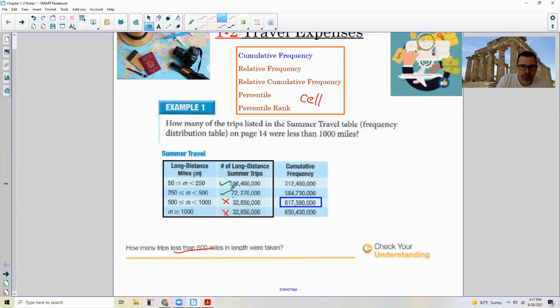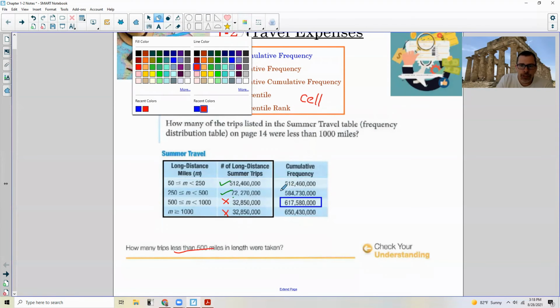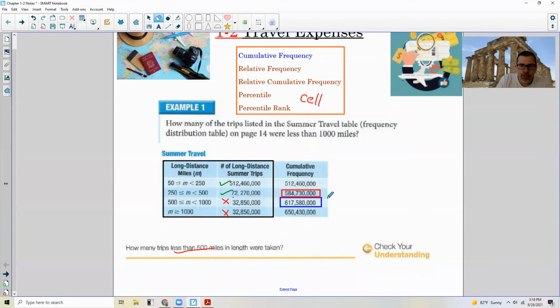And obviously 50 to 250 is also less than 500. So the answer to this question is the cumulative frequency that ends before we get to 500. So the answer to the check for your understanding is 584,730,000. Okay, so that's a cumulative frequency table.